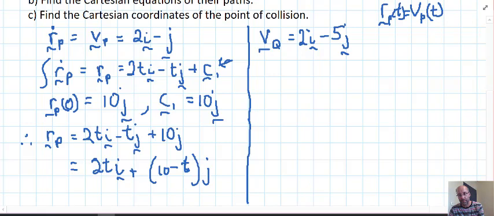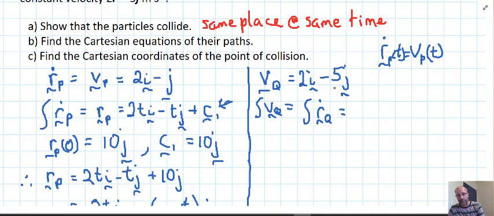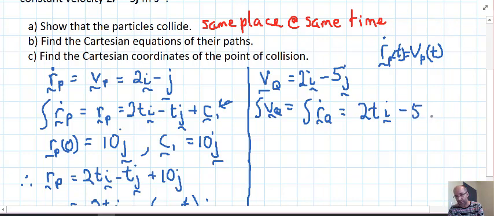group of j. So in the same way with particle Q, we have to find the integral of the velocity vector given, or the integral of r dot for Q, and we've got the velocity of Q is 2i minus 5j, and we integrate and we get 2ti minus 5tj plus a different constant vector which we'll call C2.